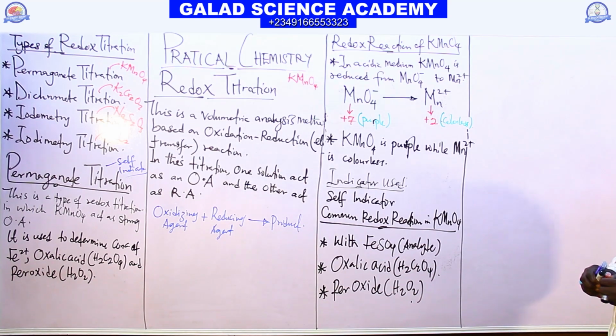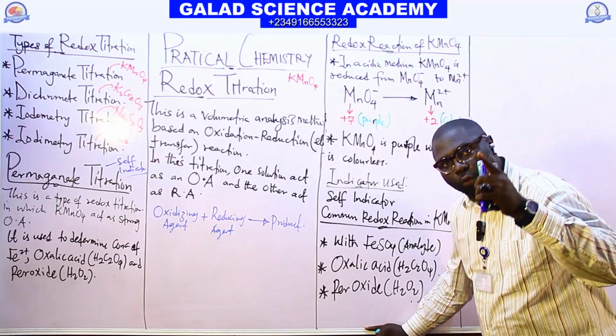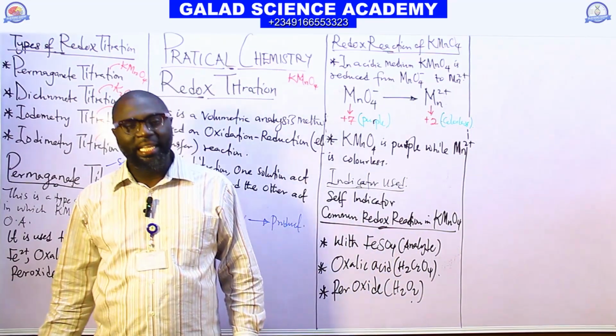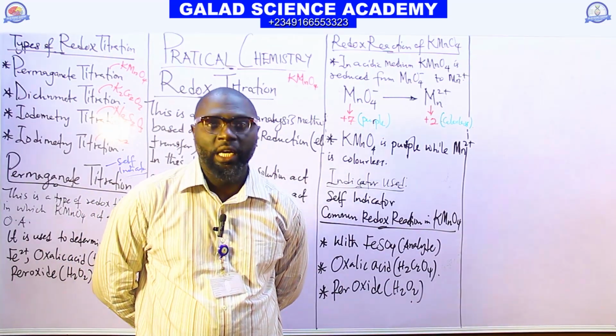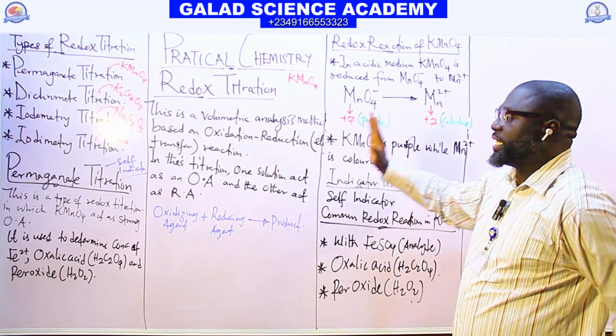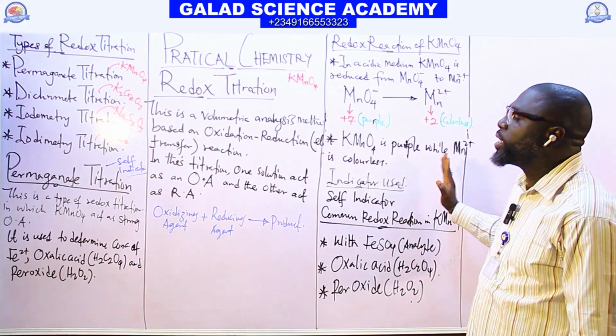So these are the three analytes that we can use for the titration of permanganate. And the indicator used there is known as self-indicator.